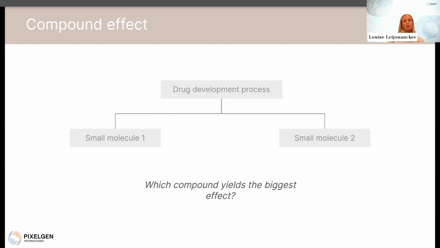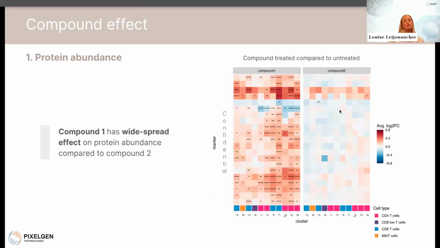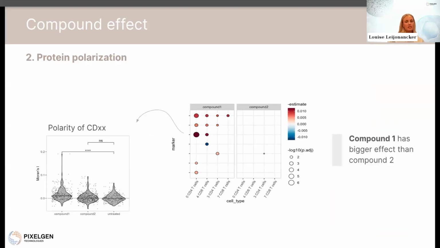Started off by looking at protein abundance. And you can see here how compound 1 is compared to the untreated samples, and compound 2 compared to untreated as well. And it's clear that compound 1 has a widespread effect, whereas compound 2 has some, but a smaller effect. Then we looked at protein polarization, and we could see the same thing.